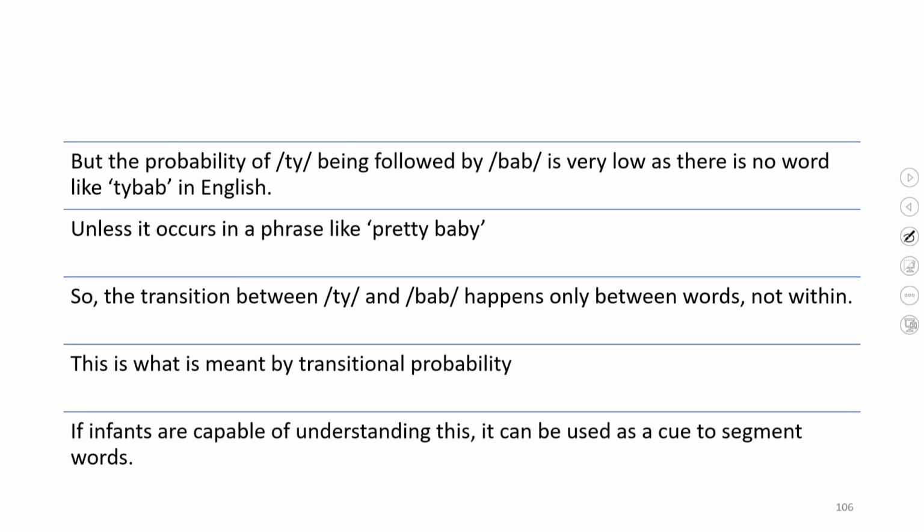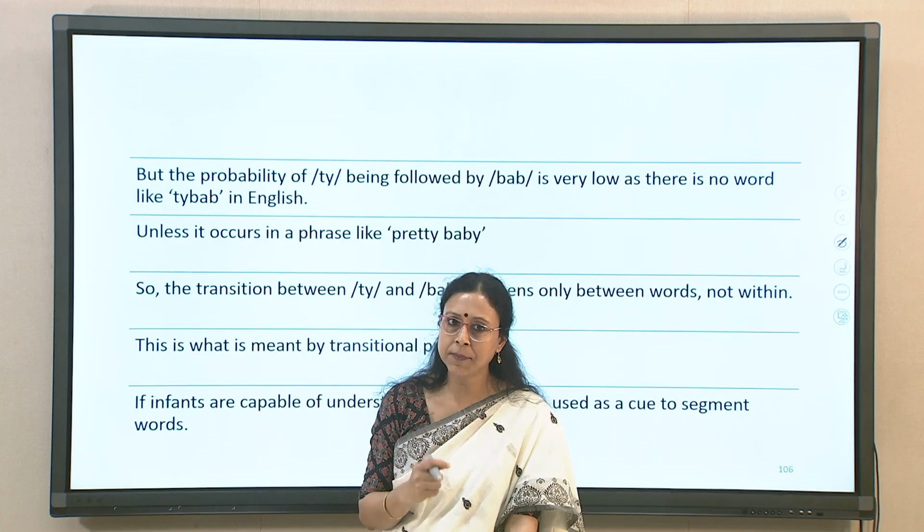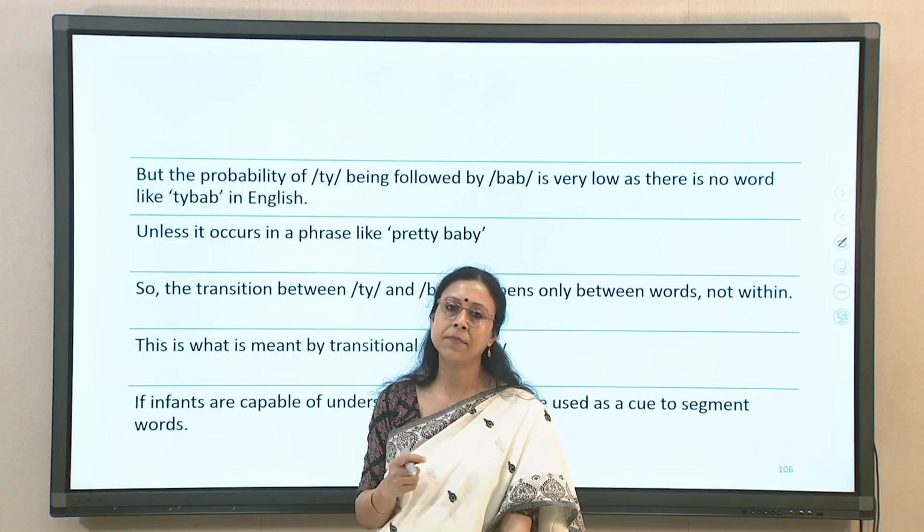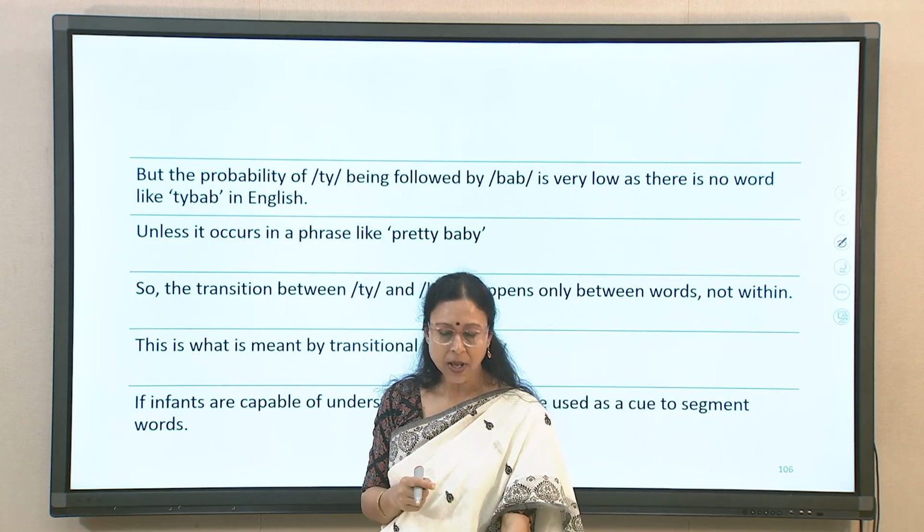Now, this kind of statistical understanding, of which probabilities are higher for word boundaries and which are not, is expected of the child by this theory. The transitional probability talks about this. So, if infants are capable of understanding this, it can be used as a cue to segment words.